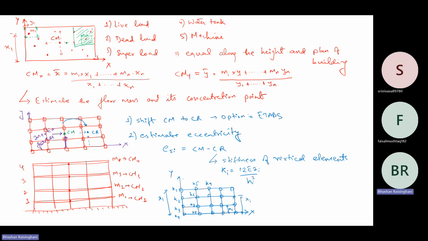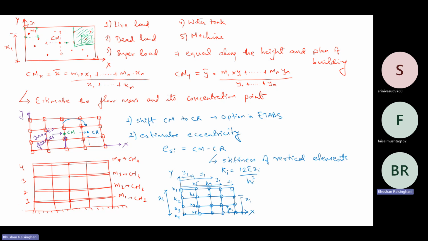Same for Yi: for this column there will be a Yi, for this column again Yi, and going on based on the rows, you will get the Yi values. So K1 into this total, up to this, you have to consider.